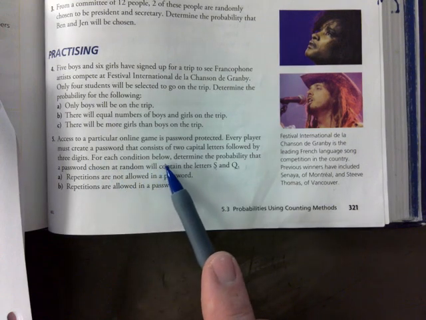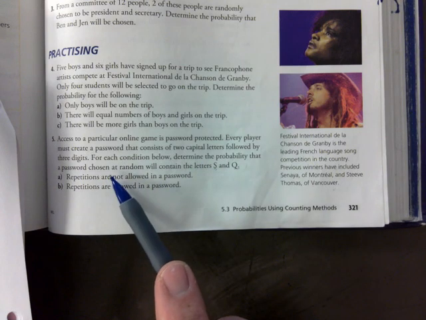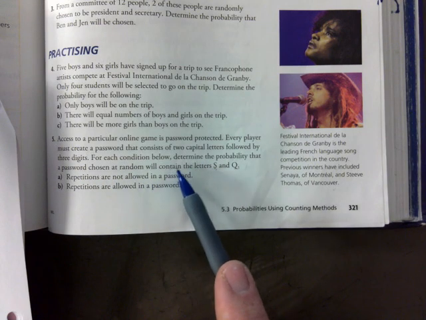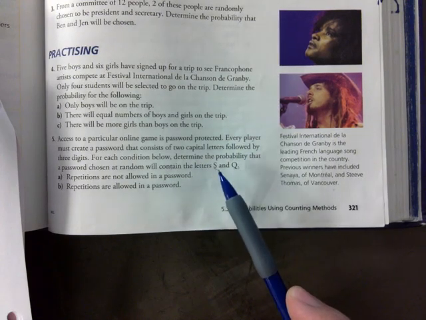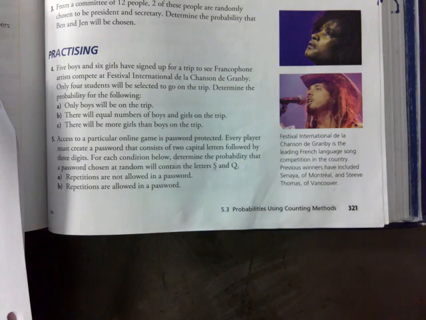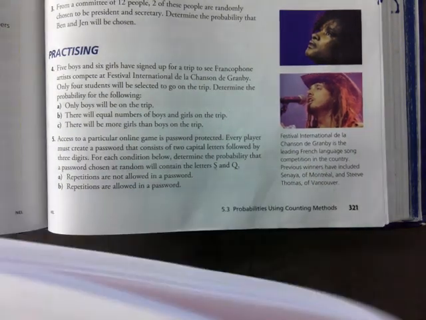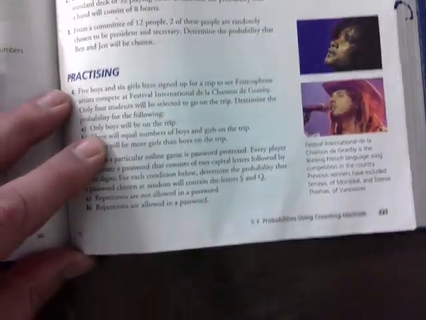For each of the conditions below, determine the probability that a password chosen at random will contain the letters S and Q. Notice the word and. It has to have both, right? It's not or, it's and. So both of them have to be present there. So it's not necessarily cases in that regard.